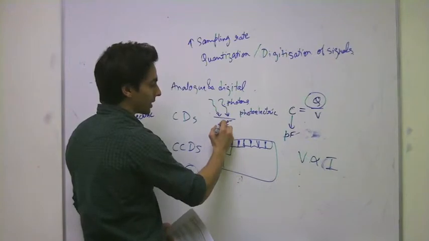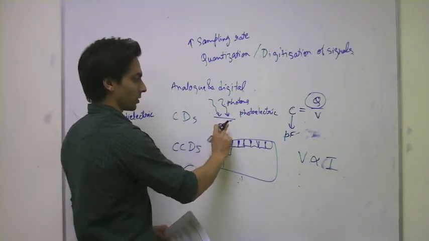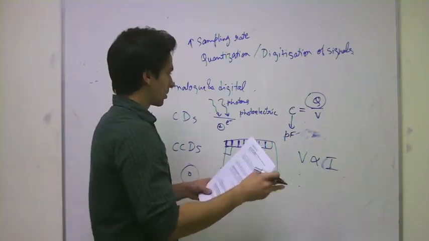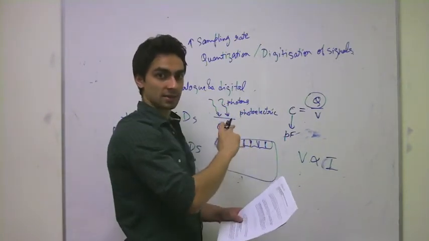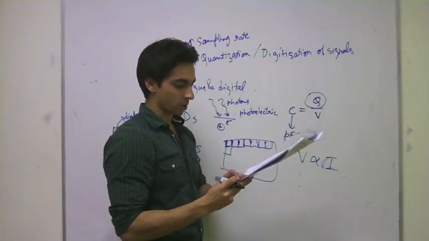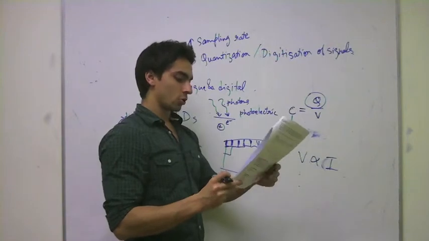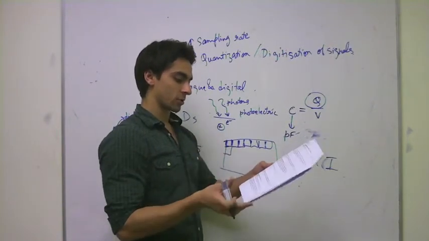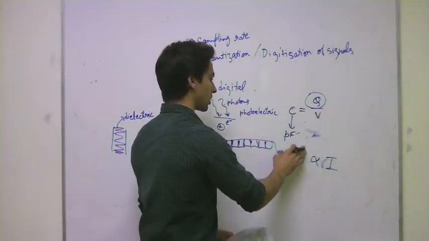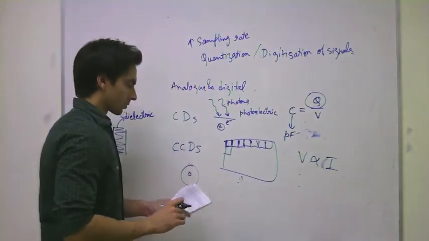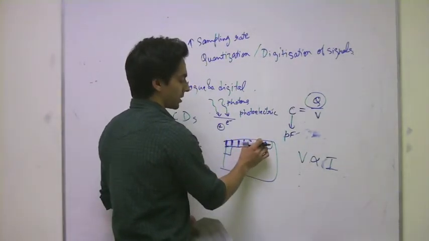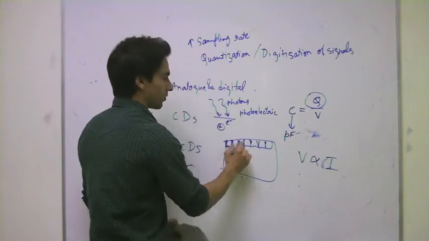A hole is nothing but a positive charge developed when an electron is separated out from the surface. So the greater the number of photons incident, the greater the number of electron hole pairs created. You can see this at the bottom of page 6. It mentions that the number of electron hole pairs produced will be proportional to the intensity of the light.